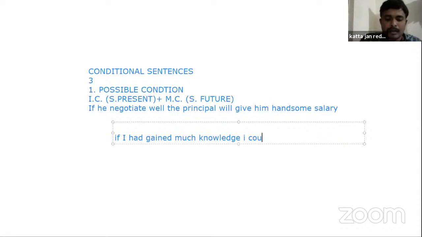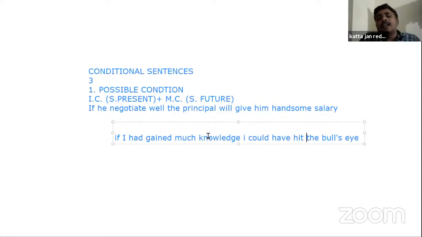I could have hit the bull's eye, right? See, if I had gained much knowledge, I could have hit the bull's eye, right? Here is the idiom. Hit the bullseye is an idiom which means reach the target, right? So here hit is used as V3, because V1 hit, V2 hit, V3 hit, and V4 hitting. So I use the same.